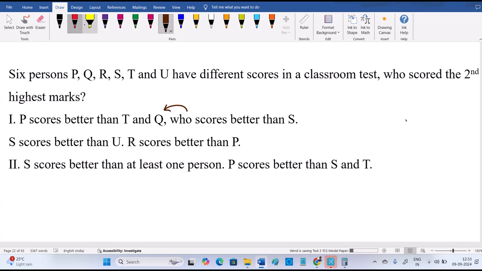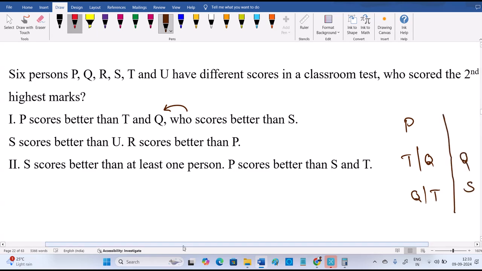Second highest. P is better than T and Q. It can be TQ or QT. And Q is better than S. R scores better than P. S is better than U. Now, RP fixed, then Q, S, U, but there are multiple things that will come.